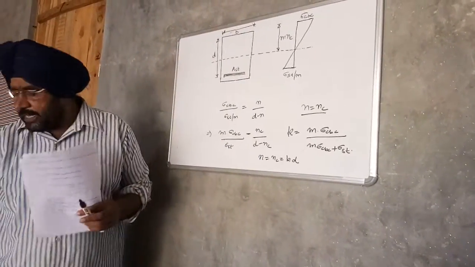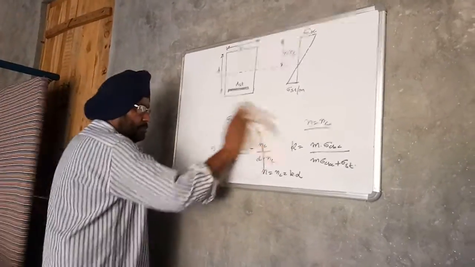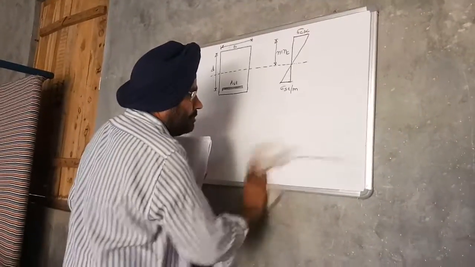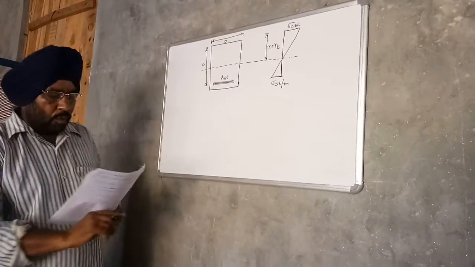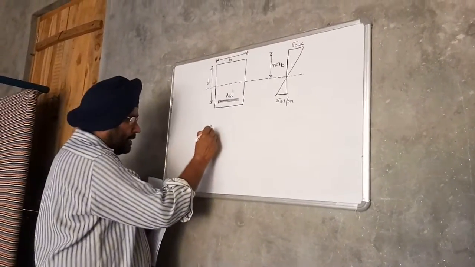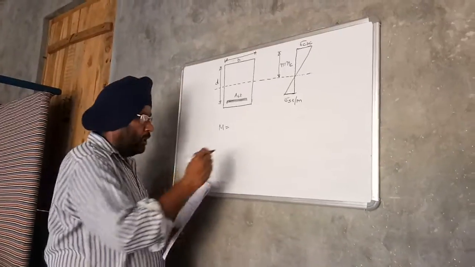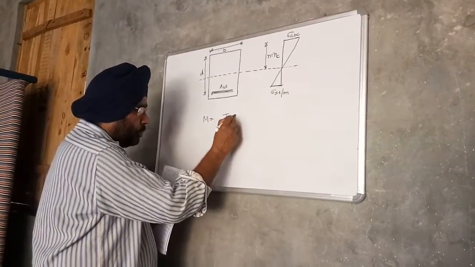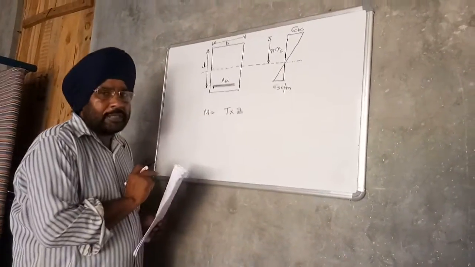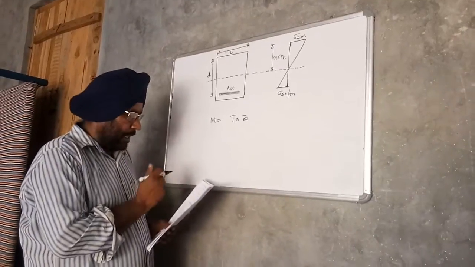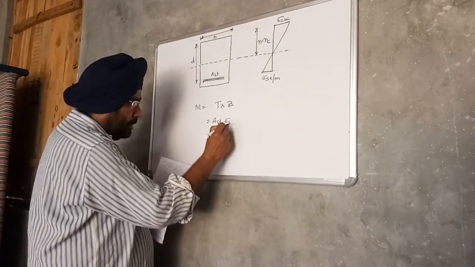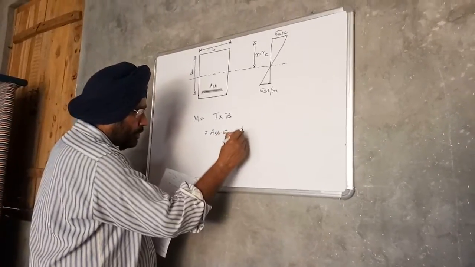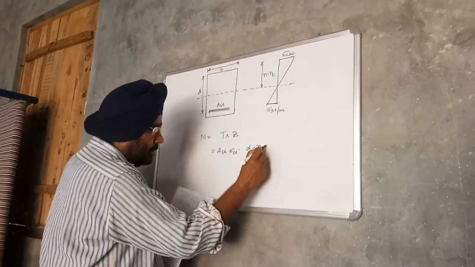Moment of resistance of balanced section is given by the equation total tensile force T into Z, where T is the total tensile force and Z is lever arm. So this is equal to AST into sigma ST into d minus NC by 3.